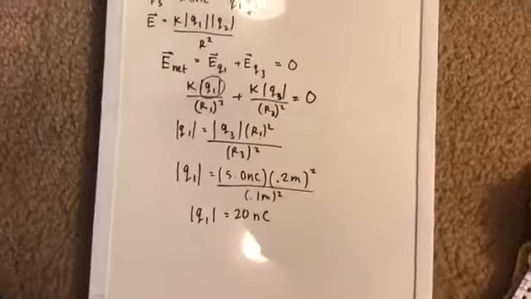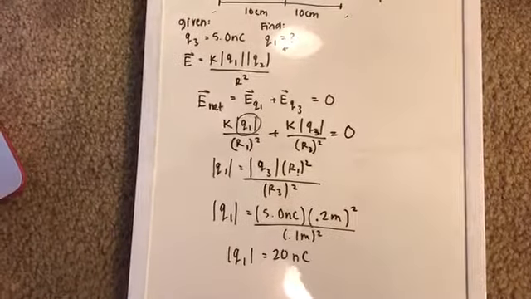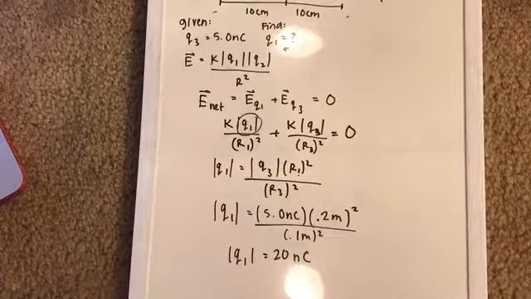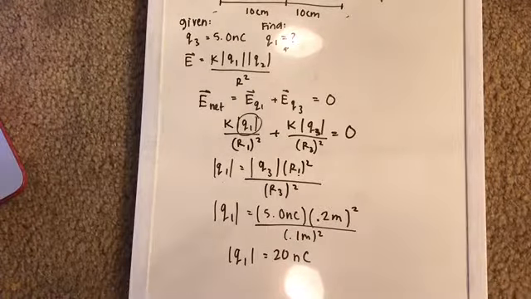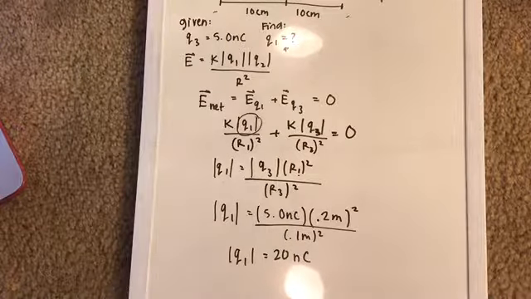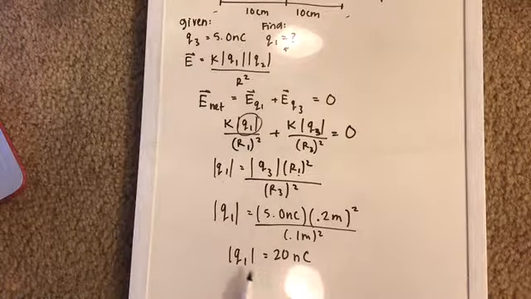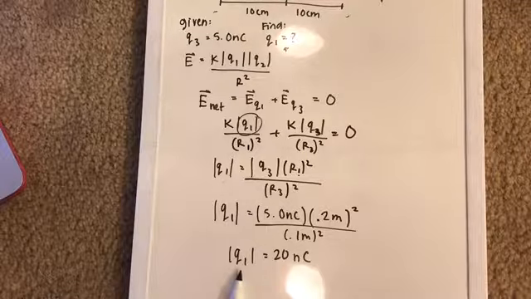Okay, so after calculating that the magnitude of Q1 is 20 nanocoulombs, we have to keep in mind that this value is a magnitude of Q1.